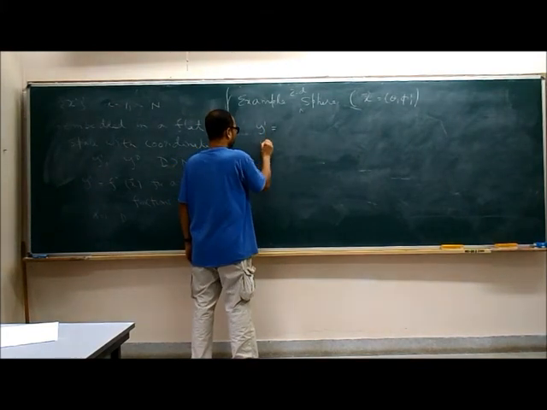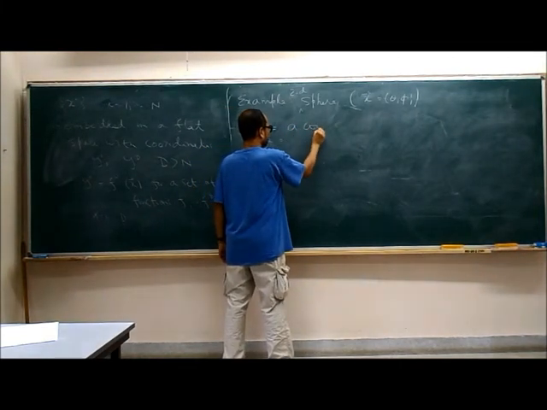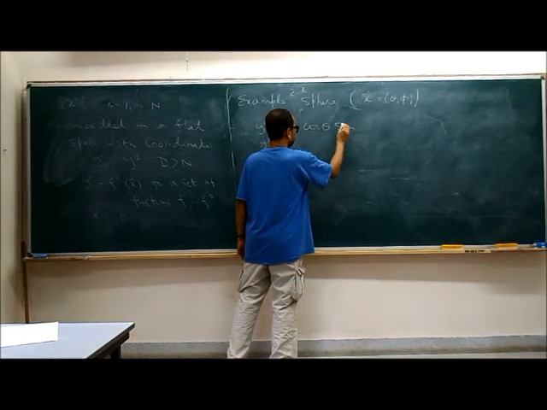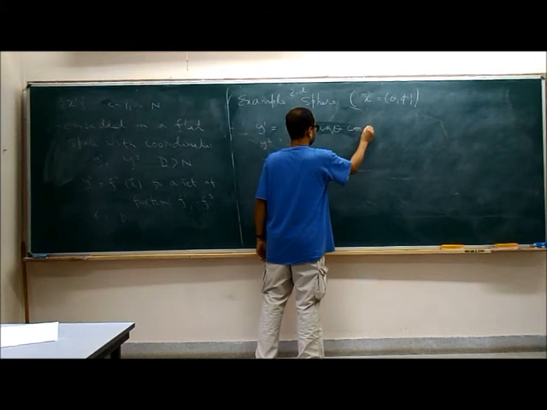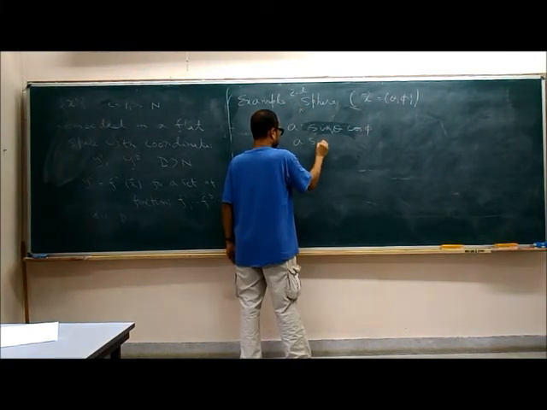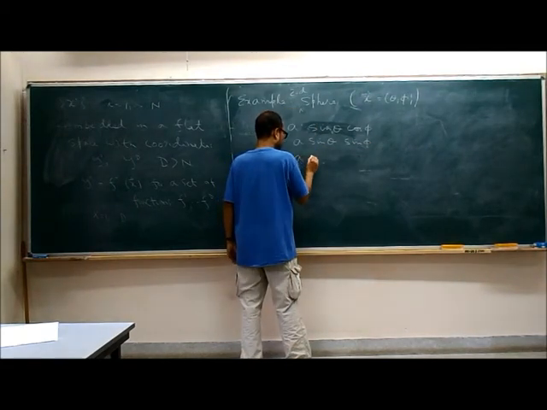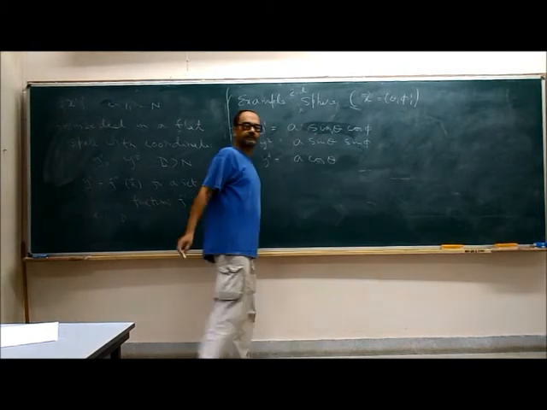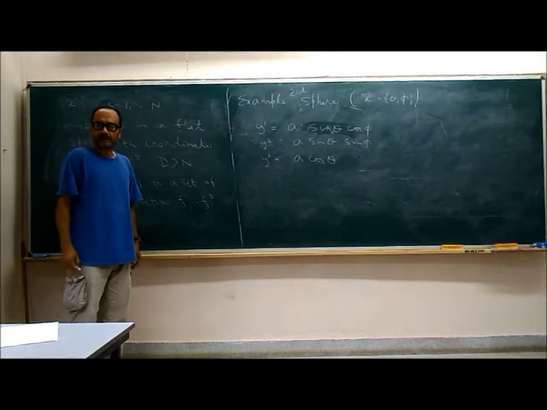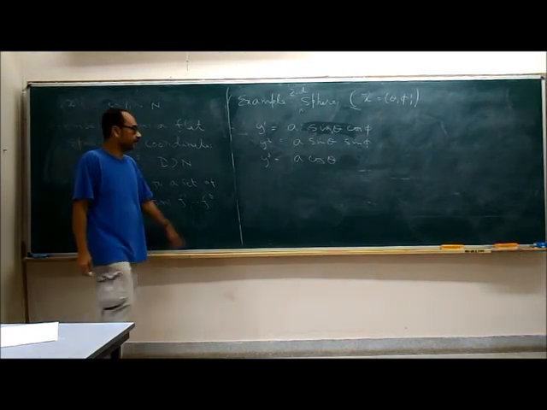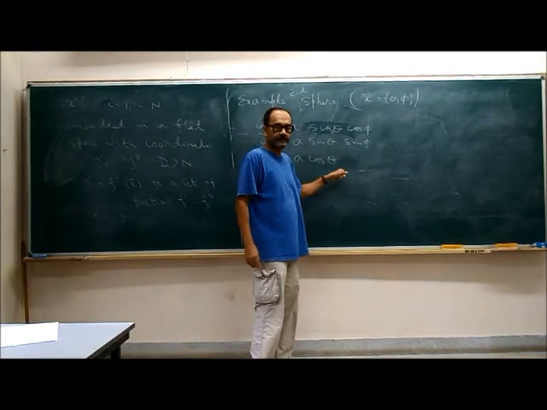So y1, y2 and y3 can be written as a sin theta cos phi, a sin theta sin phi, and a cos theta. This is just one example of how you can describe a sphere, by specifying the coordinates in the embedding space in terms of the coordinates on the Riemann surface.